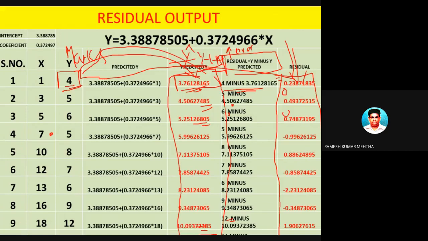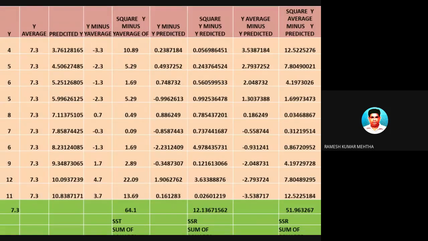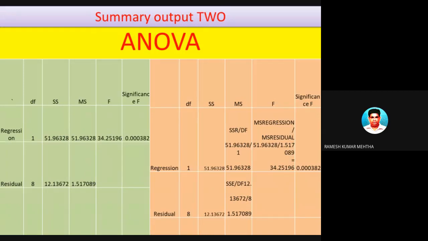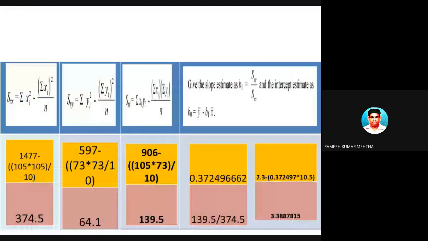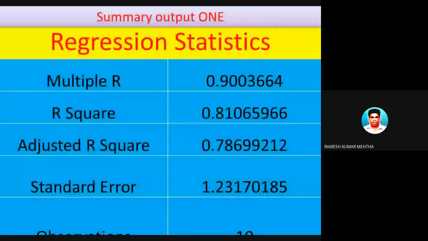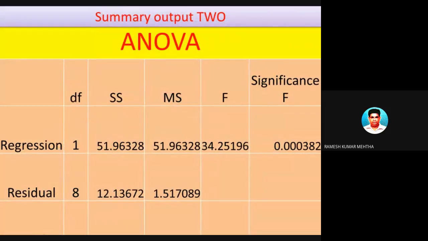So this is one of the interpretations of the output which we get by running regression either on SPSS or Excel or any other statistical tool. Okay, next one. Next one is very important. The next part of our discussion is the ANOVA table. When we run regression, I will show you, there is an ANOVA table like this.